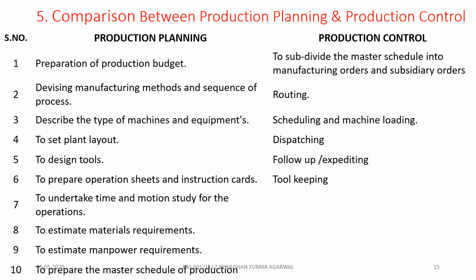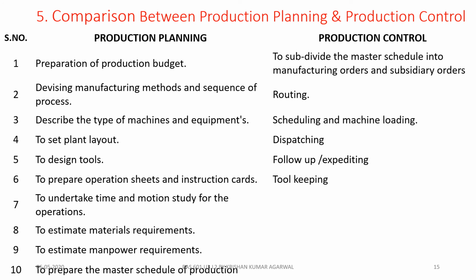Whereas the production control cell people have to basically foresee the deviation, if any, during all the activities that are prescribed for the planning people. They have to subdivide the master schedule into manufacturing orders and subsidiary orders. They have to check the routing. They have to check the scheduling, whether all the machines are scheduled properly or not, whether all the resources are scheduled properly or not.